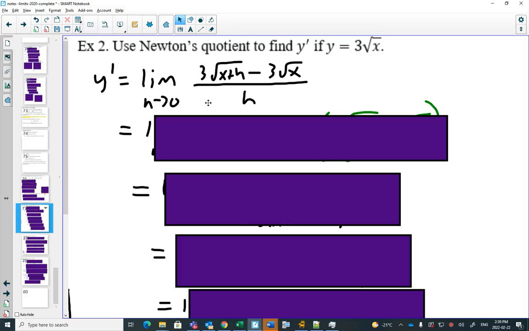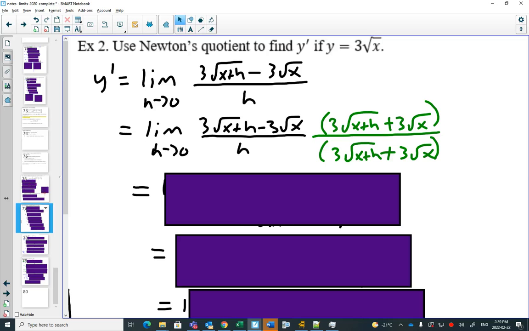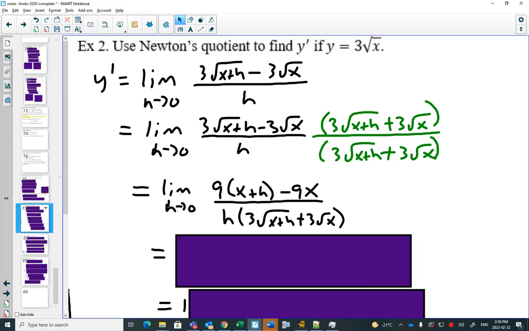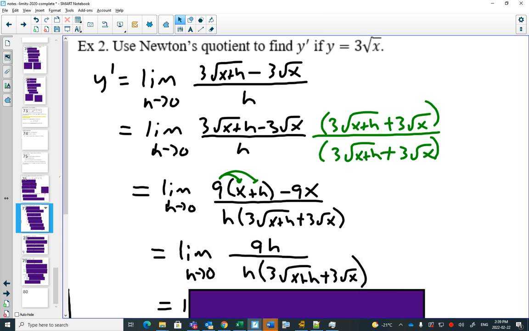All right, I will put up the answer. Most of you were looking at the conjugate, multiplying by the conjugate, and then on the top we would multiply it out. On the bottom we would leave it factored because our goal is to get rid of that value of h. And what's really nice on the top is once you distribute this 9 in here, you're going to get 9x plus 9h minus 9x, and the 9x's will cancel each other out to just give you 9h on the top, which is really nice because at this point you'd be allowed to simplify that h.